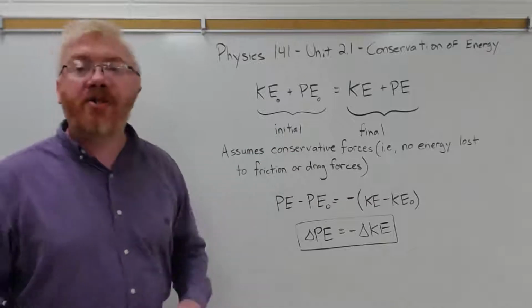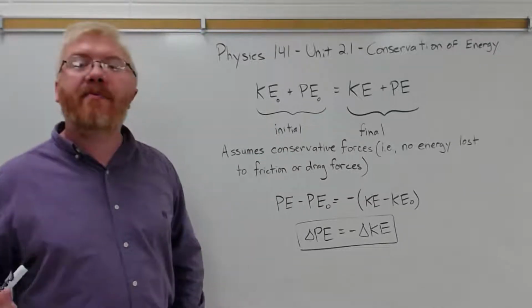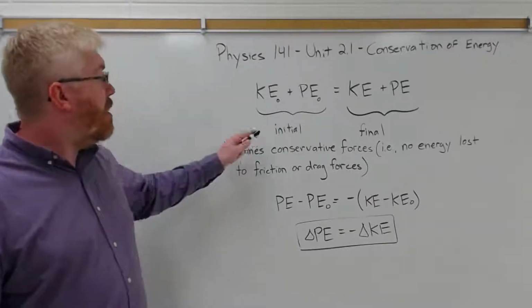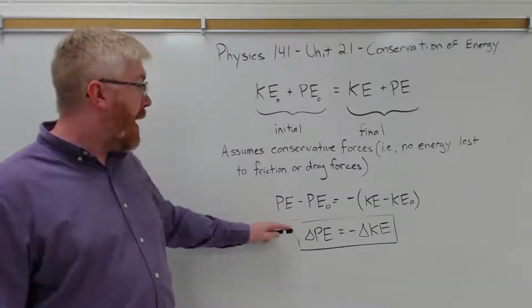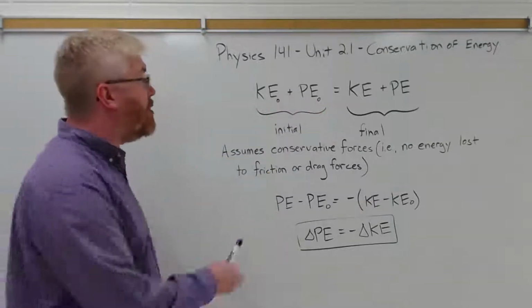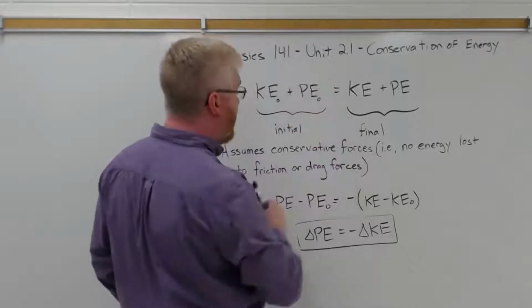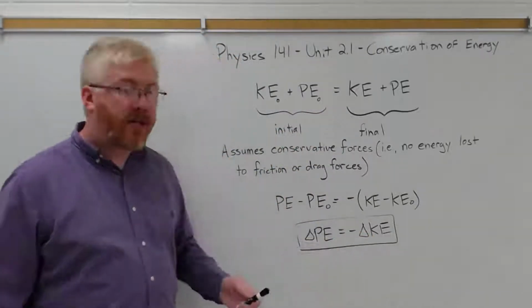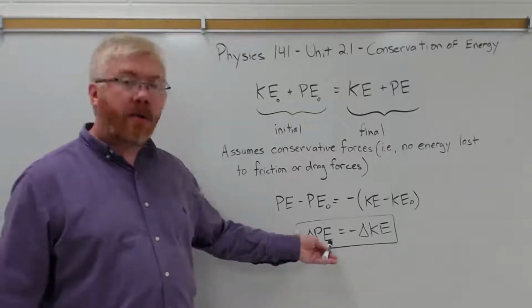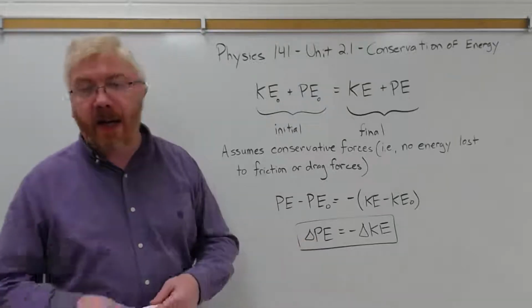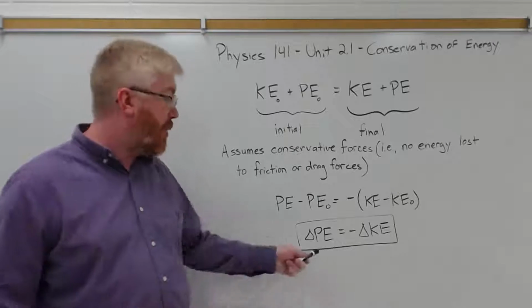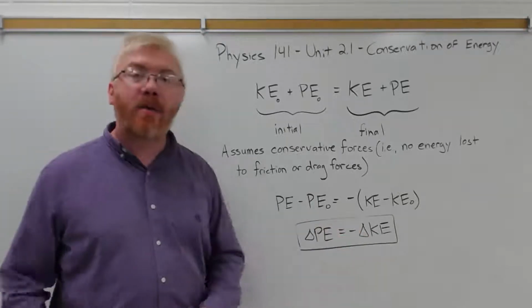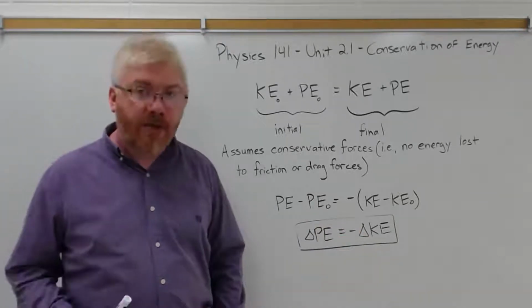But if we assume friction doesn't exist, if we assume drag forces don't exist, then we can look at this relationship, rearranging the equations, putting the potential energy on the left, putting the kinetic energy on the right. We end up with the following relationship. Any change in potential energy, again, we only know right now gravitational potential energy, is met by an equal and opposite change in kinetic energy.